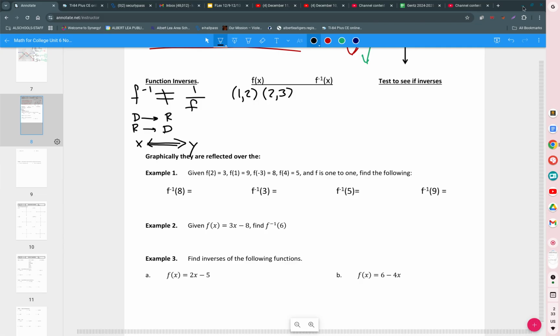If I have the function (1, 2), (2, 3), and I ask you what is f of 1, what that means is if I have an x value of 1, what is the y value that corresponds to it? If x is 1, y is 2. If I switched it and I said, what is f of 2? That means if I have an x value of 2, then what is the y value? And you can see that the y value is 3.